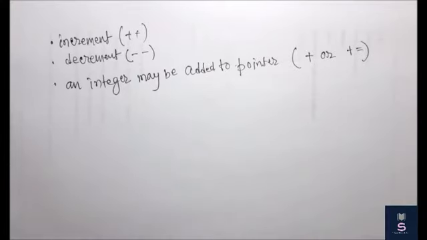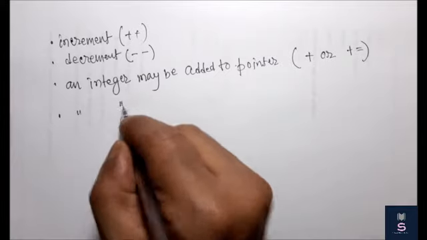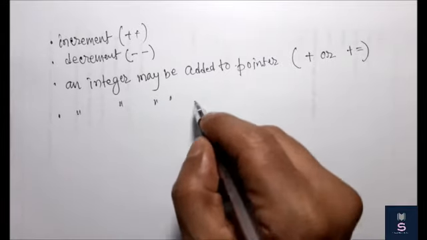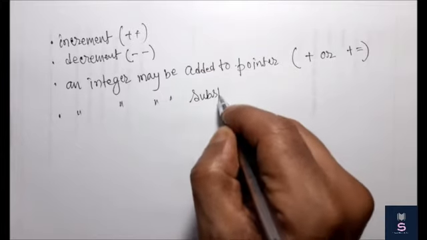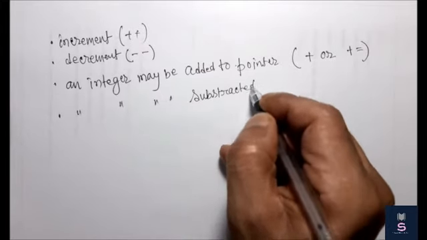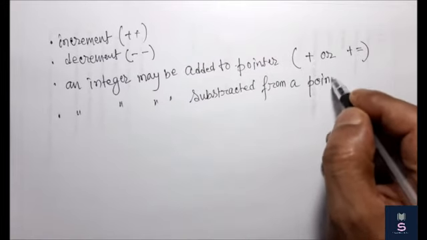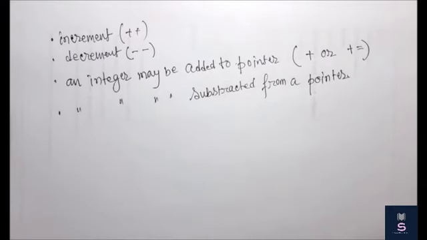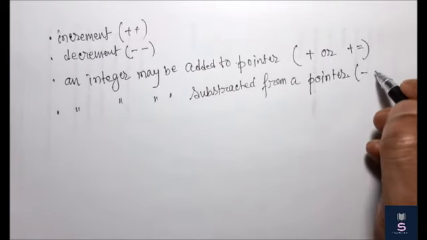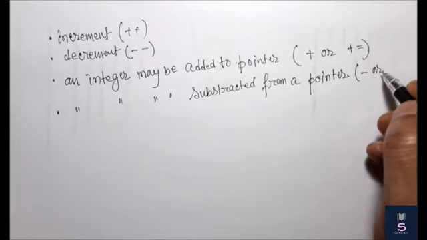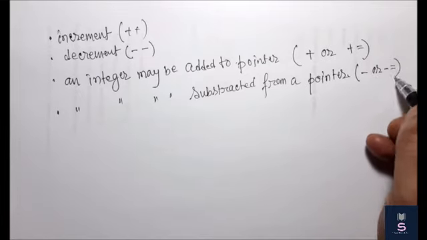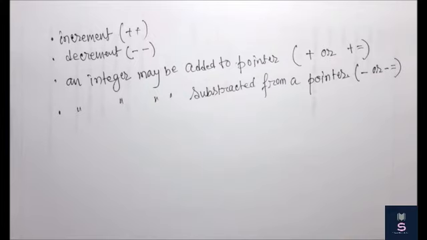Or an integer may be subtracted from a pointer; if I want to subtract, we can use the minus symbol or minus equal to, right. No other arithmetic operator is allowed on a pointer, because you know that a pointer holds an address.